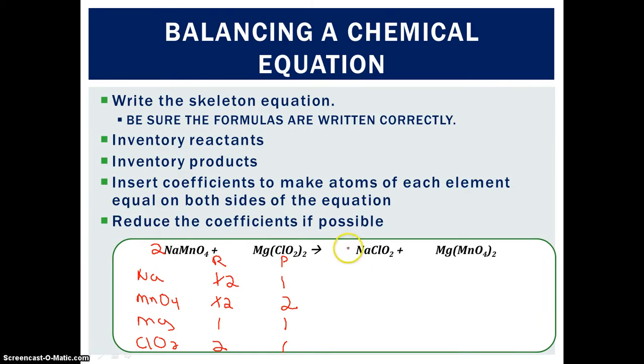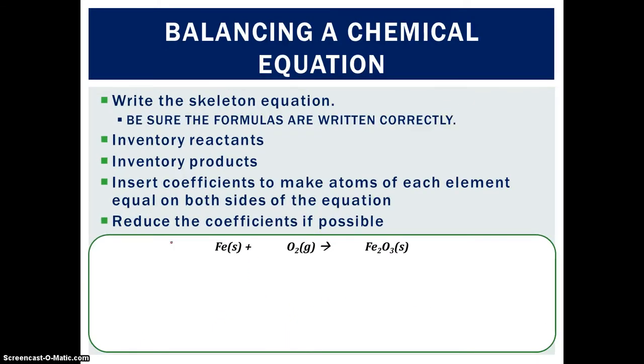If I put a 2 here in front of sodium chloride, now on the reactant side I have 2 sodiums and 2 chlorides. You'll notice now I am balanced. 2, 2, 2, 2, 1, 1, 2, 2. This is my balanced equation with these 2 coefficients here.